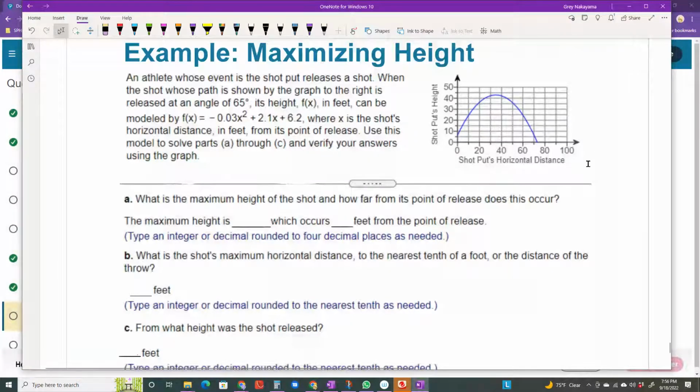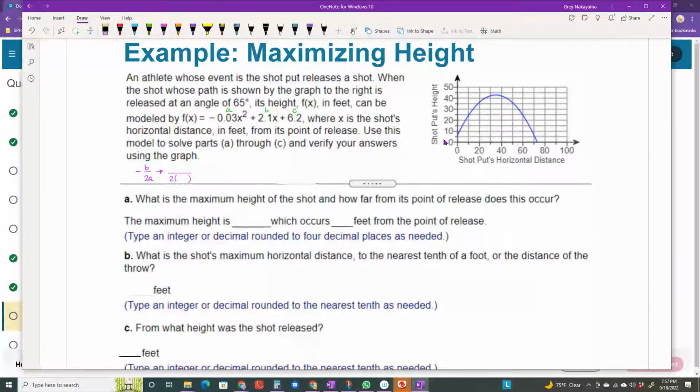So here's the graph. What is the maximum height, y'all? If they're asking us the max or min in a problem, we have got to find the vertex. So I'm going to go back up to this problem and remember that this is A, this is B, this is C. I've got to find the vertex. To find the vertex in that form, I've got to do negative B over 2A.